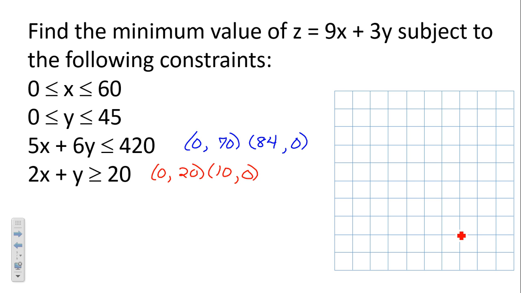Our x's have a max of 84. We don't have anything negative. So our axes, x-axis, y-axis, and then maybe by tens. And same thing on the y-axis.